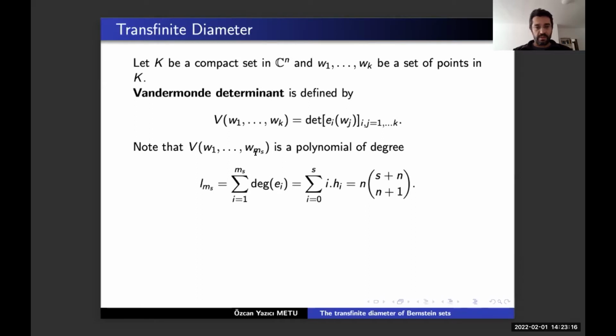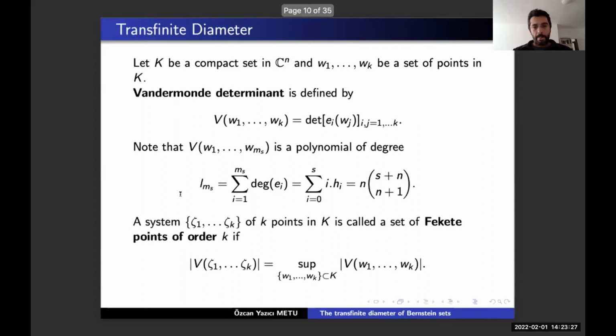You can easily see that this is a polynomial of degree given by lms, and you can easily count this number. Then we define Fekete points. These are the extremal points for this polynomial, the points where our determinant takes its maximum, or supremum. We call these Fekete points.